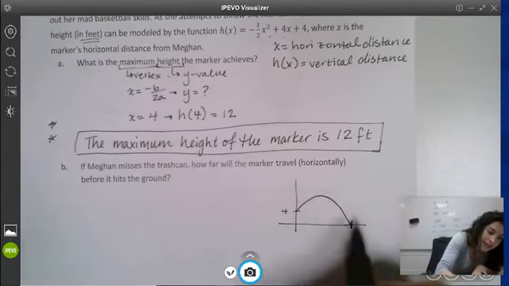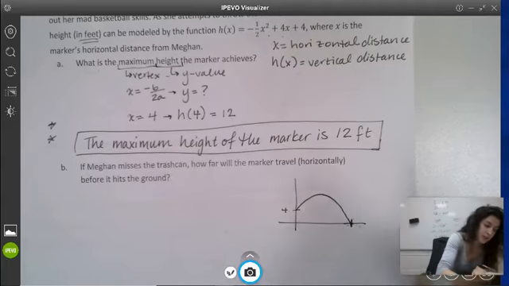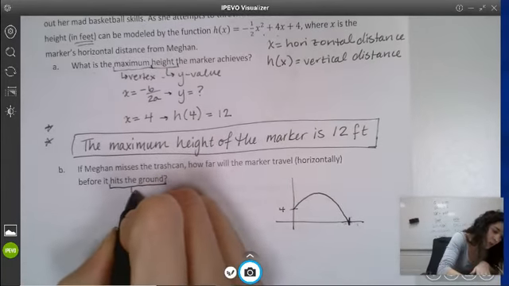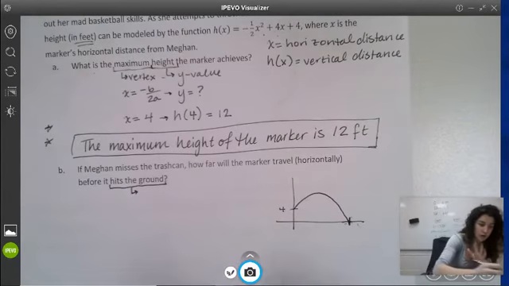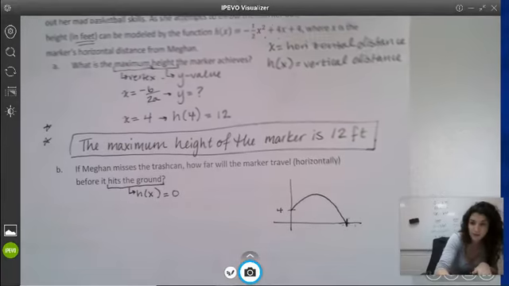We want to know what this value right here is, such that it'll hit the ground at that point. Because when it hits the ground is when your vertical height is 0. Your y, or in other words, h of x, equals 0.